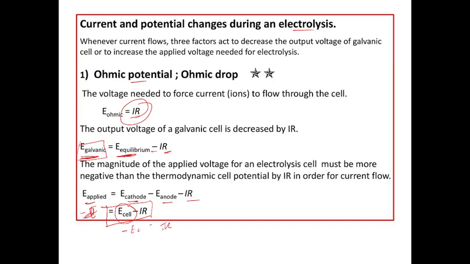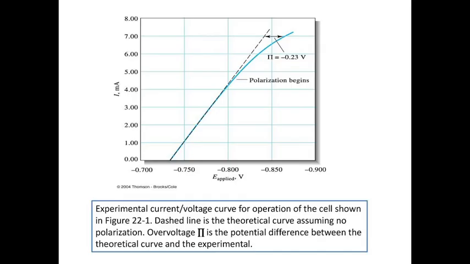So it means it goes a little bit toward plus, which means you need to apply a higher voltage. So finally E applied will be positive, and you need to apply more. The negative value will become more negative. Clear? Is it clear?